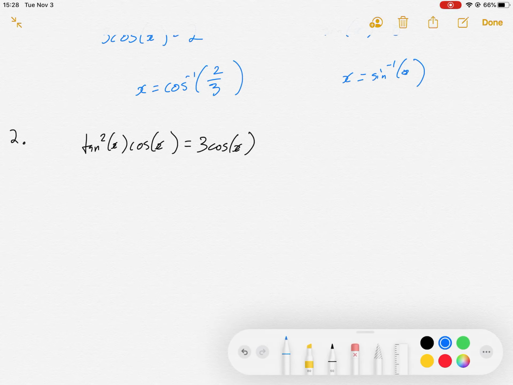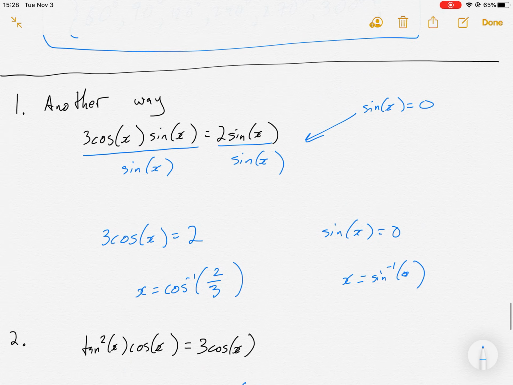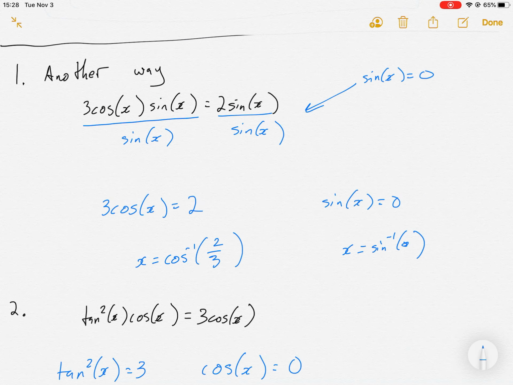Oops, it wasn't 3 there. So you could divide both sides by cosine, and so you'd end up with tangent squared of x equals 3, but also make sure to include cosine of x equals 0. So that way it works. It's just a word of caution. If you do that, make sure you include when it equals 0. And that concludes this section 5.3. You saw linear, you saw quadratic, and then you saw some ones with different functions where you had to factor out a GCF.